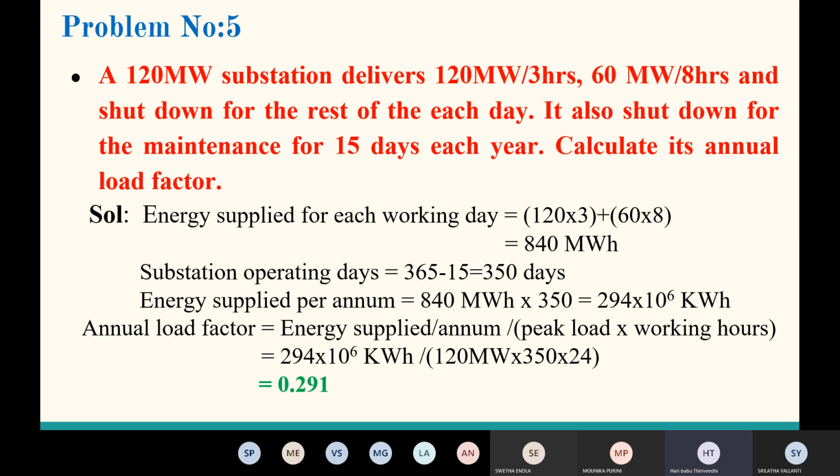So that is equal to 365 minus 15. The number of days in a year is 365 and 15 days will be shut down every year. That's why 365 minus 15, that is equal to 350 days.